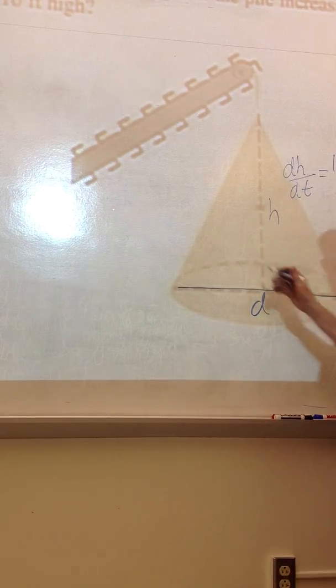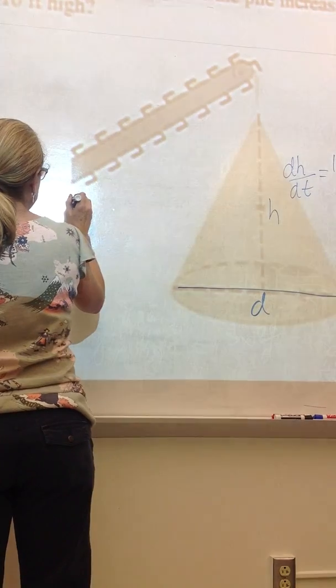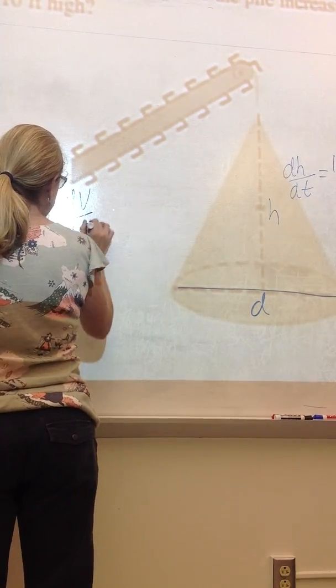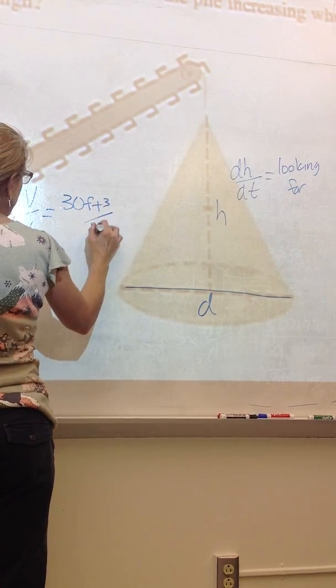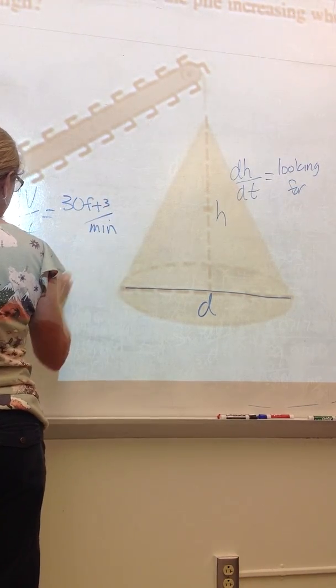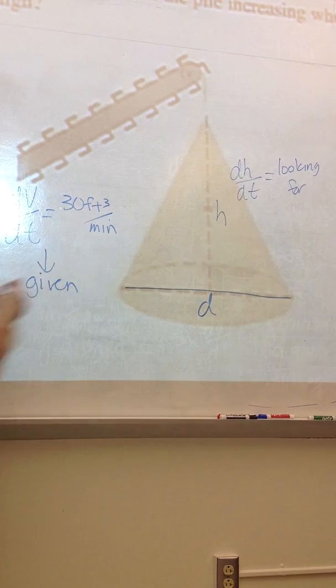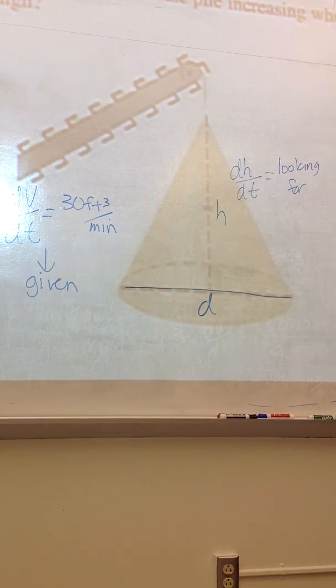And then we're told dV/dt is 30 cubic feet per minute. So this is the rate that I'm given, and dH/dt is the rate that I'm looking for. And then there's also this other variable d, the diameter.